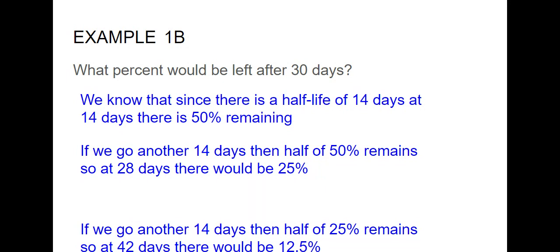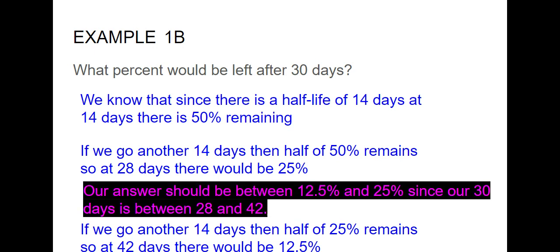And so what we know is that our answer has to be in between 25% and 12.5%, because our 30 days is between the 28 and the 42. Now, we would expect it to be closer to the 25% because we're only 2 days away from 28 days, compared to the 12 days away from the 42. So we should estimate that we are close to 25%, but less, and greater than 12.5.